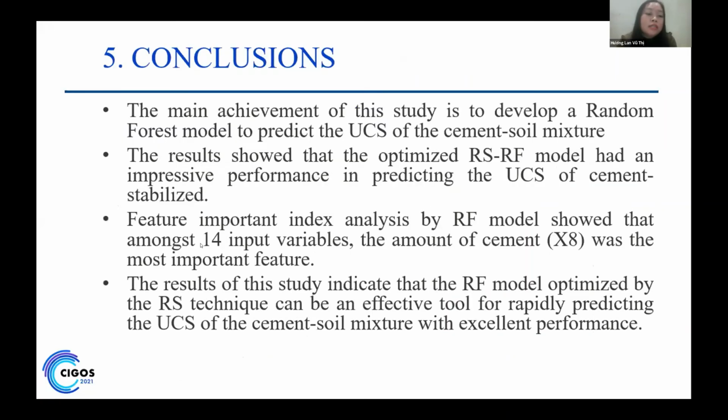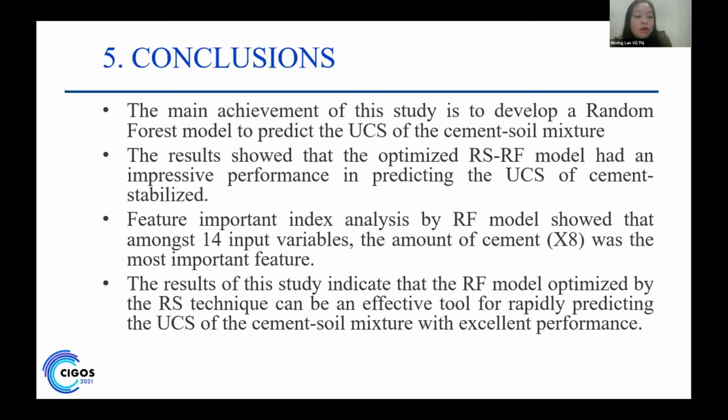Part 5 conclusion. The main achievement of this study is to develop a random forest model to predict the UCS of the cement soil mixture. The results show that the optimized RF-RS model has an impressive performance in predicting the UCS of cement stabilized soil. Feature importance analysis by RF model shows that among 14 input variables, the amount of cement x8 was the most important feature.